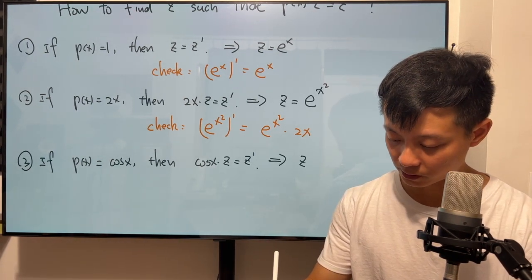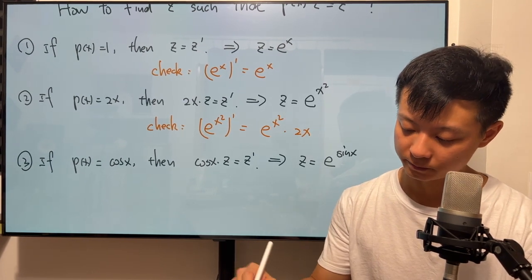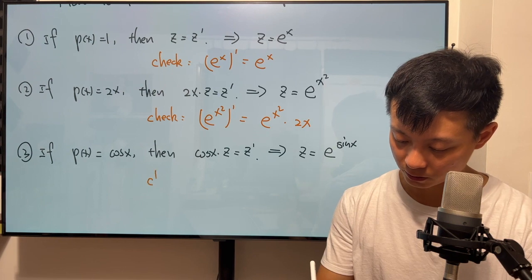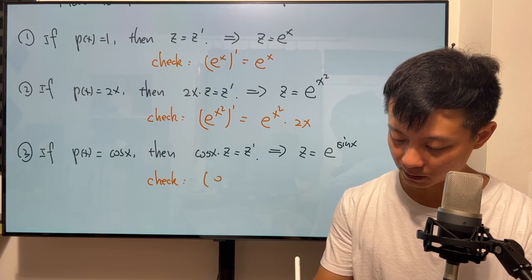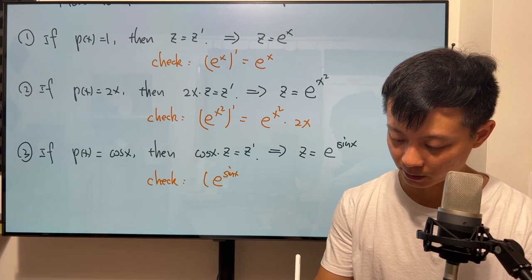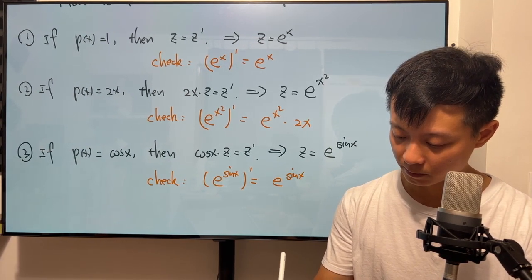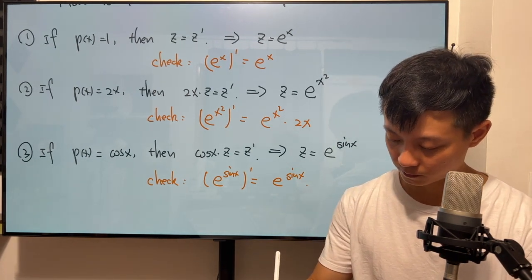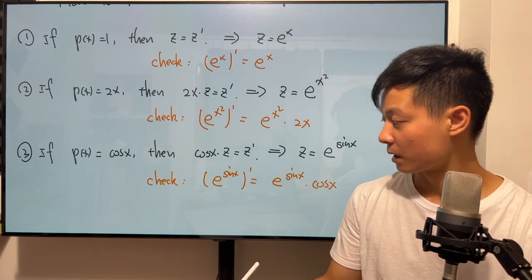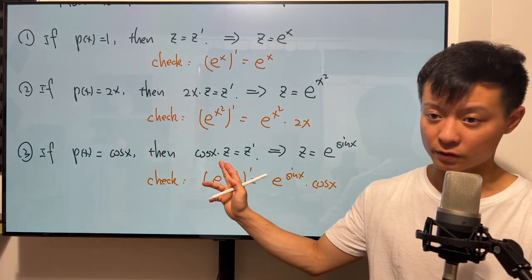So our z(x) is going to be e^(sin x). Do a quick check here. The derivative of e^(sin x) is going to be this function itself multiplied by the derivative of the inside, which is cos x. So it does satisfy this equation.